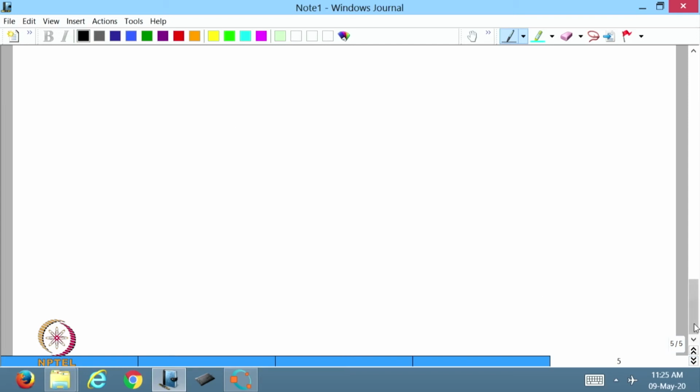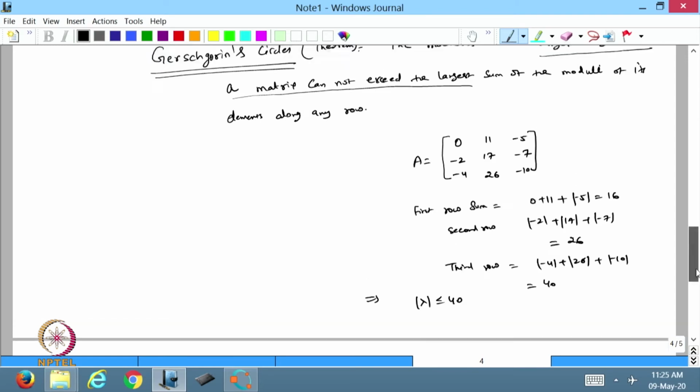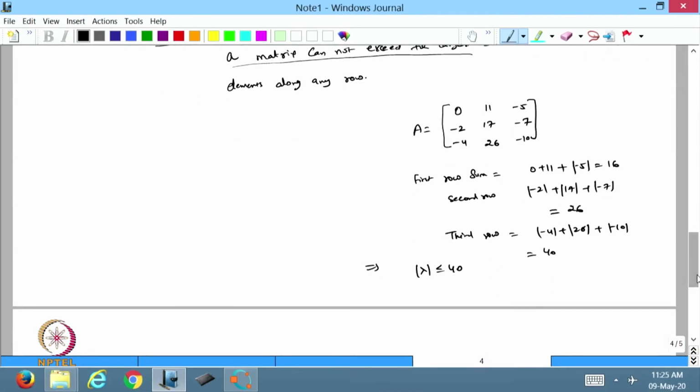So, from here it says that if I take any eigenvalue, the modulus of the largest eigenvalue is always less than or equal to 40. So, lambda maximum is always less than or equal to 40.